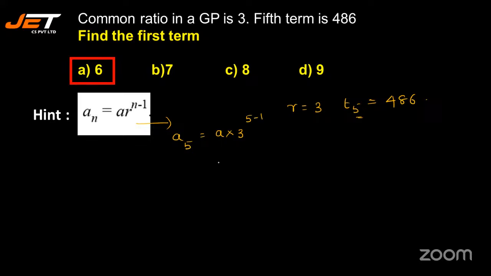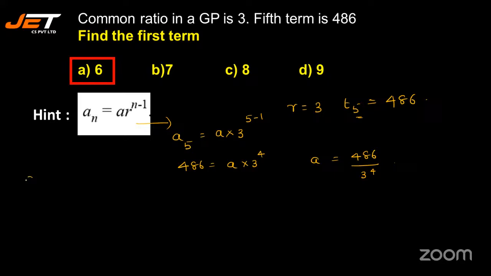A5 is 486, which is equal to A into 3 power 5 minus 1, that is 4. So A can be written as 486 divided by 3 power 4.